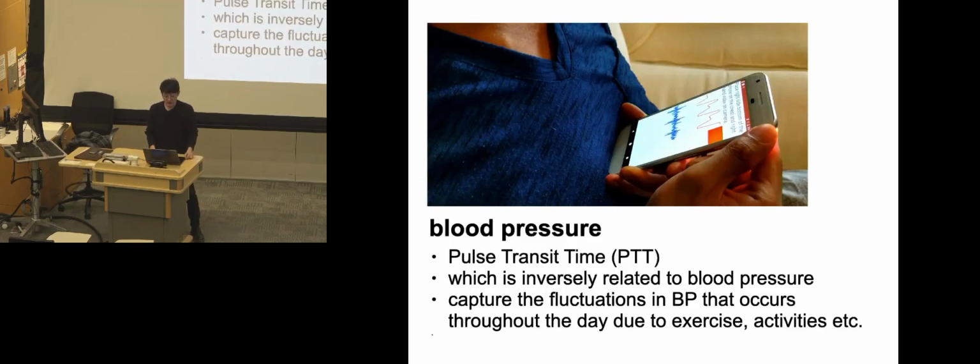Next thing is blood pressure. You guys are still too young to get a hand on this, but once you hit, I don't know, 40, 50, the percentage of people who suffer from high blood pressure is going to be much higher. I guess that's true for all diseases, but especially for high blood pressure.